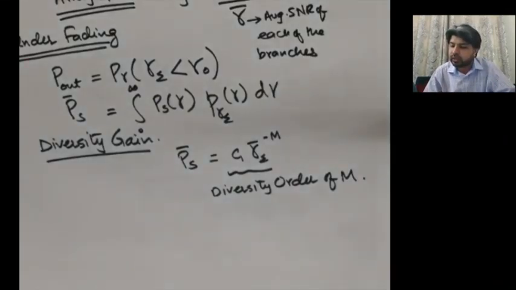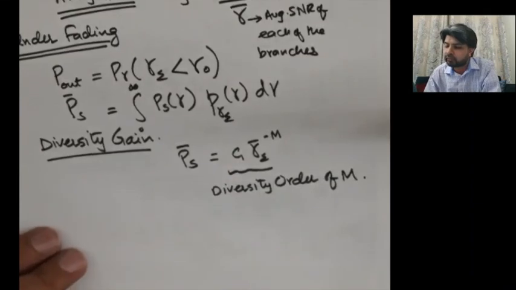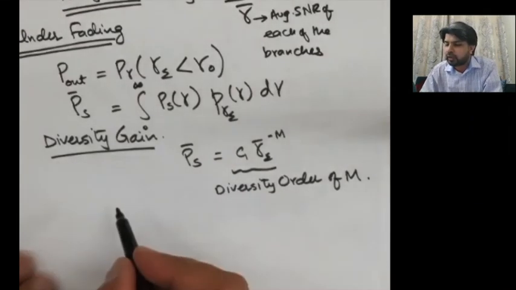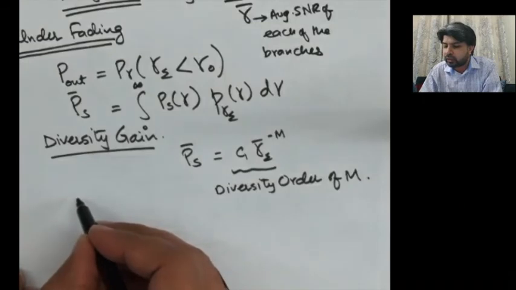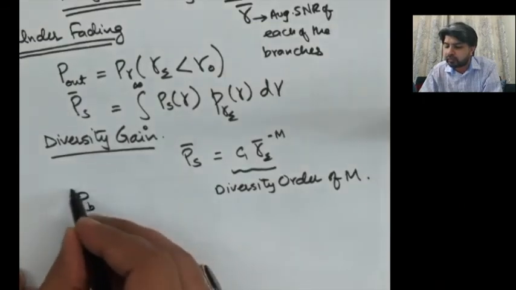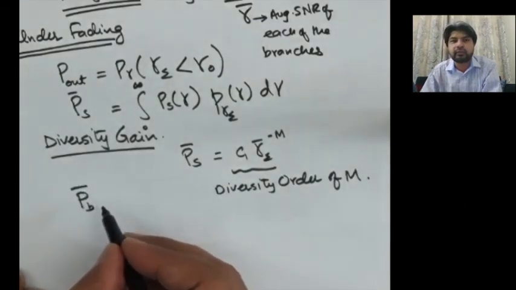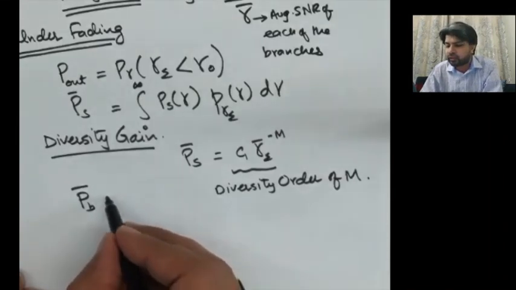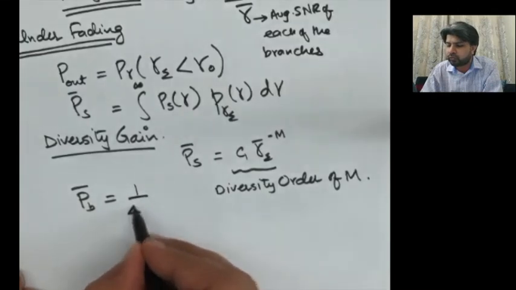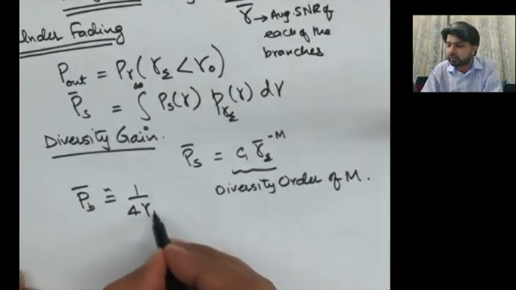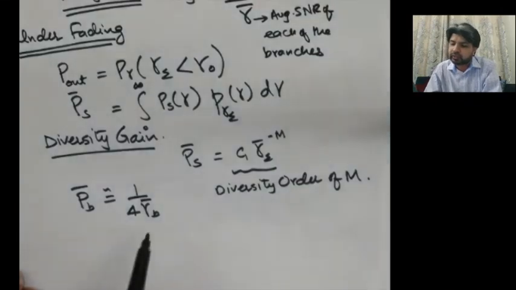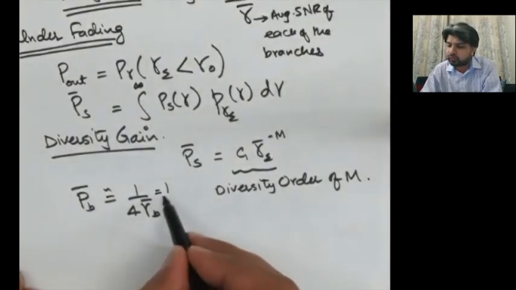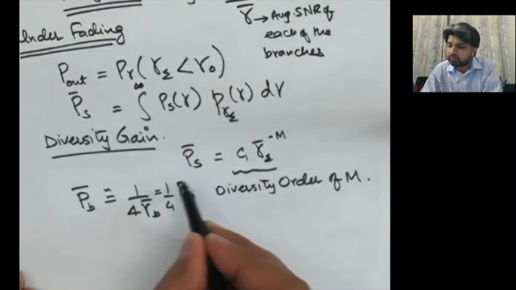That is, what diversity order you get at the combiner output if you combine with different techniques. If you recall, we looked at the average bit error probability of BPSK modulation under Rayleigh fading, and that was approximately equal to 1 over 4 times gamma b bar. You can see that this is equal to 1 over 4 times gamma b bar to the power minus 1.